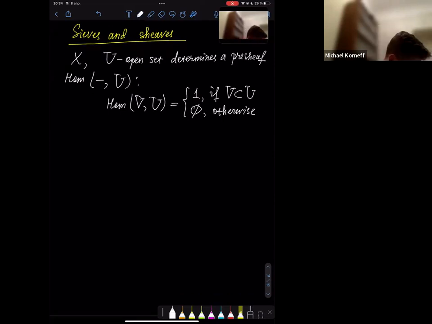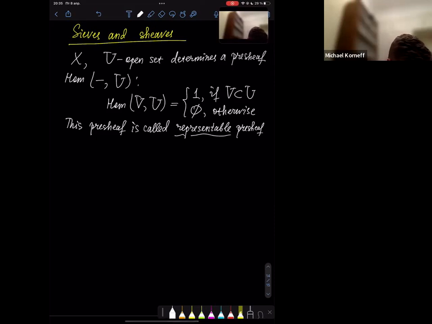This presheaf is called a representable presheaf, and we can know this in the following way.